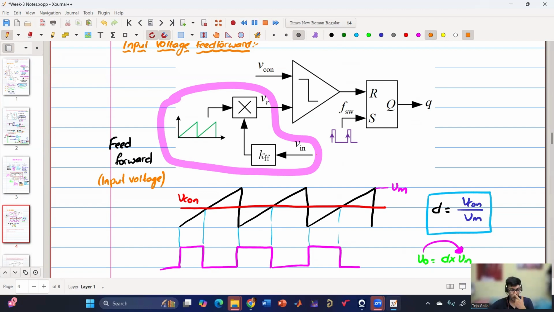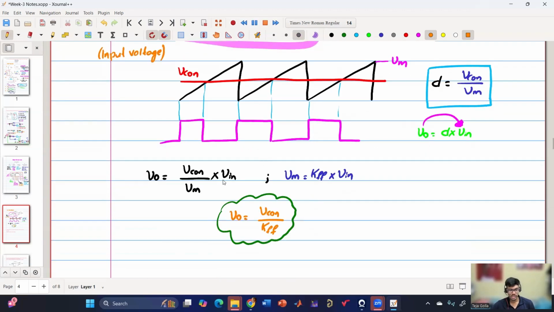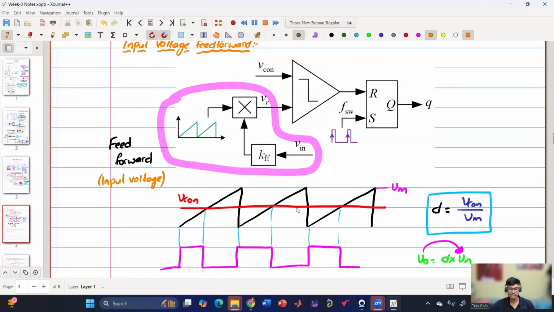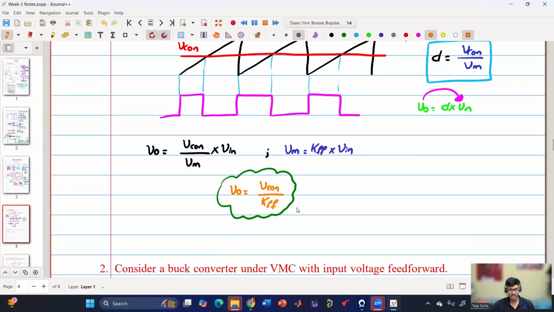So that my output voltage is independent of Vin once the control voltage is fixed and the gain is fixed. No matter how much change the input sees, the output is independent of input voltage. So is this part clear? How input voltage feed forward helps us to remove the dependency of V0 on Vin?